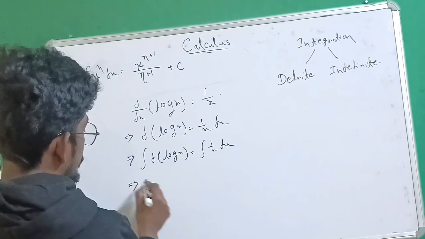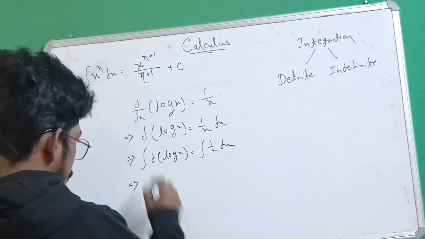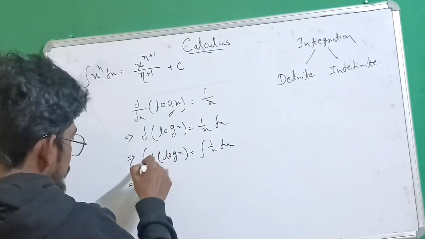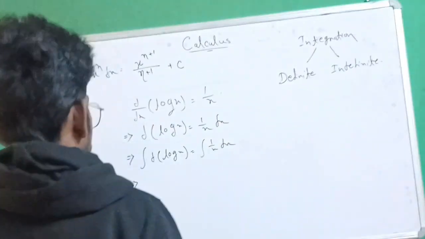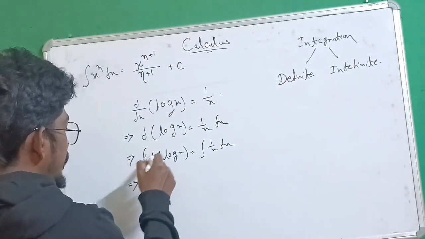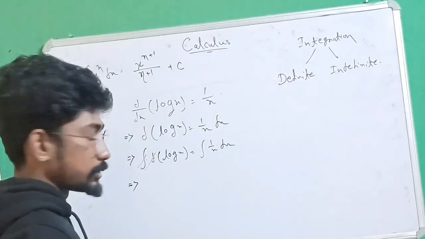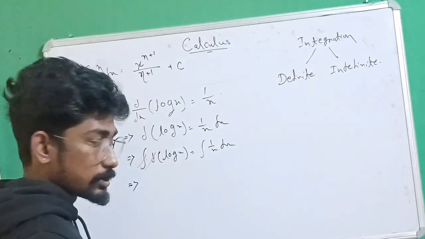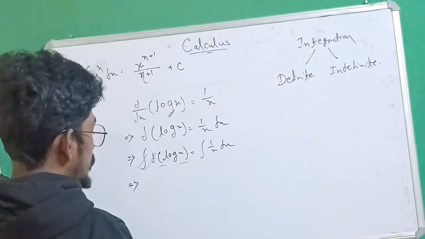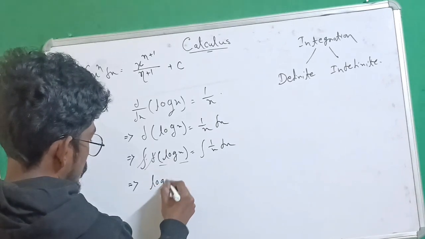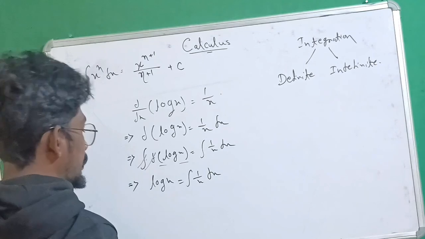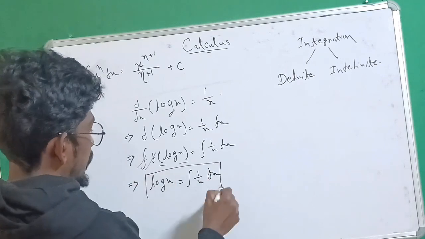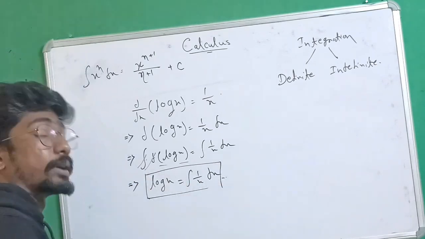Remember one thing: the integration sign and d are opposite to each other, so they cancel out. What you are left with is log x, and here you get 1 by x dx. So the integration of 1 by x is log x.